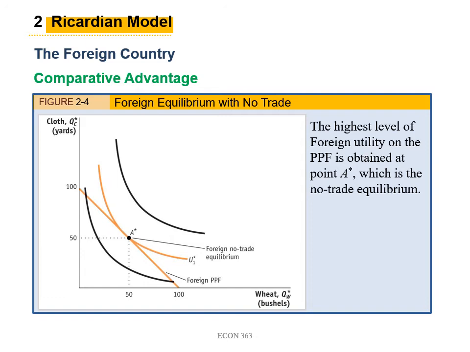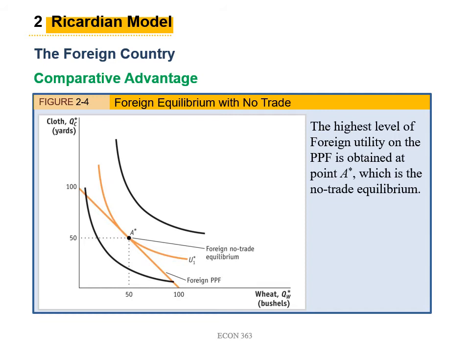So don't get confused because I did that. I don't know why I did that. So when I talk about the vertical axis country, the country that has the steeper slope, when we're dealing with the notes here on the screen, it's cloth that's on the vertical axis. But on page 10 of my notes, for some reason, I put cloth on the horizontal axis.